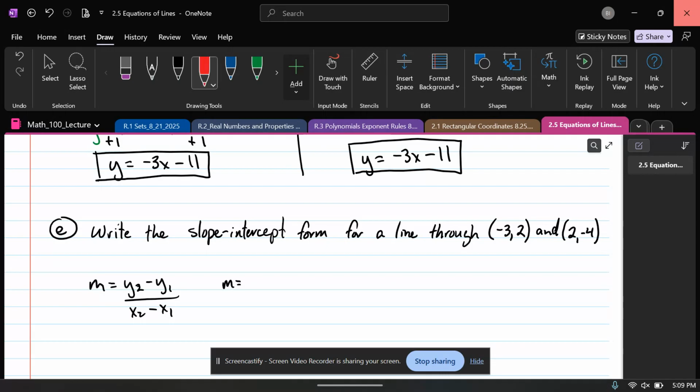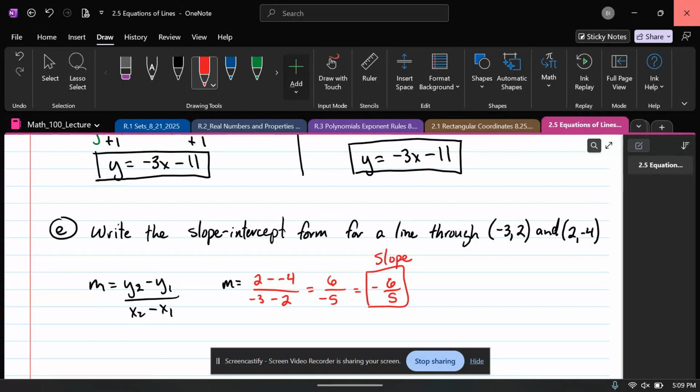Pick a y value to start with. If I start with 2, then I subtract -4. And then on the bottom, I have to start with -3 minus 2. I did it the opposite way that I did it on example B on purpose, so I can show you it works the same way. That's going to be positive 6 over -5, which is just -6 over 5. That's my slope.